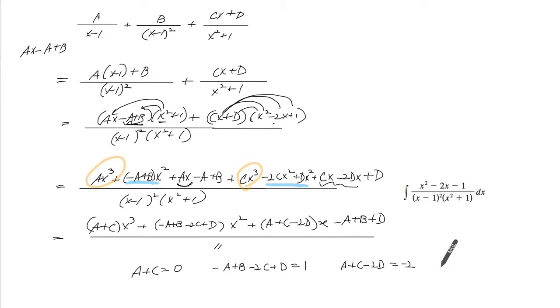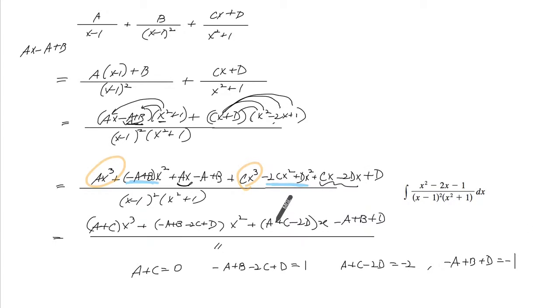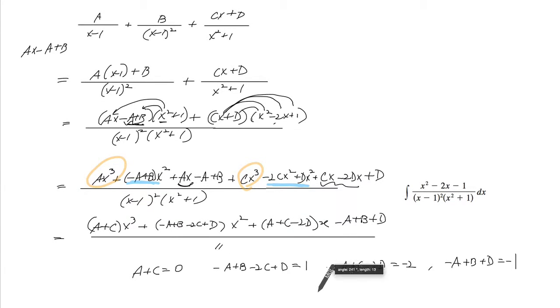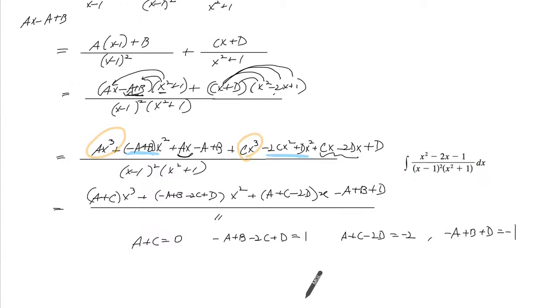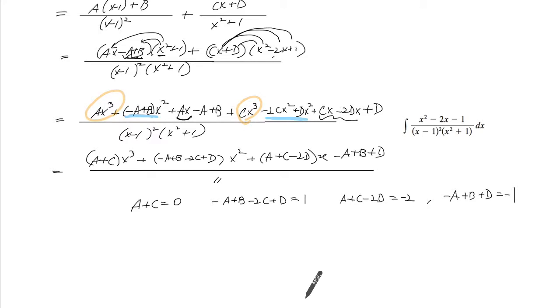And lastly, minus A plus B plus D is equal to negative 1. Let me create some more room here. I can see that I can set, for example, C equal to negative A, or A equal to negative C.